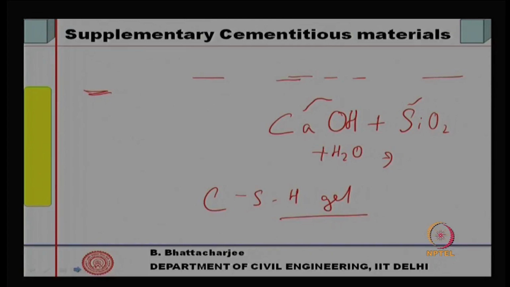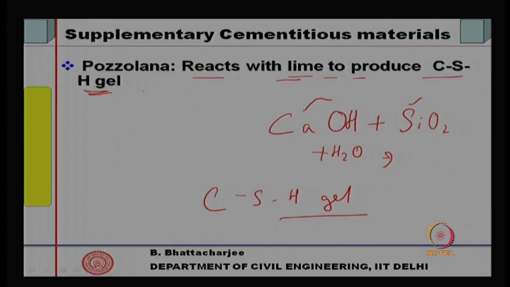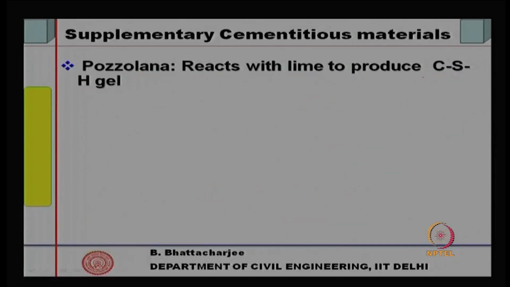Now, from the original name of the volcanic ashes, this class of materials is called pozzolana. The pozzolanas are those materials, basically reactive silica, which react with lime in presence of water to produce CSH gel. Volcanic ash is natural pozzolana. Surki of course is not natural pozzolana.